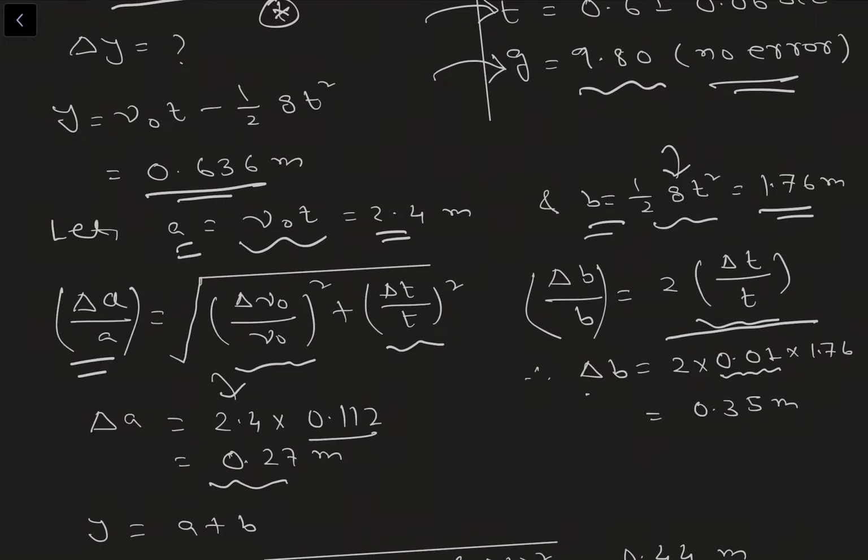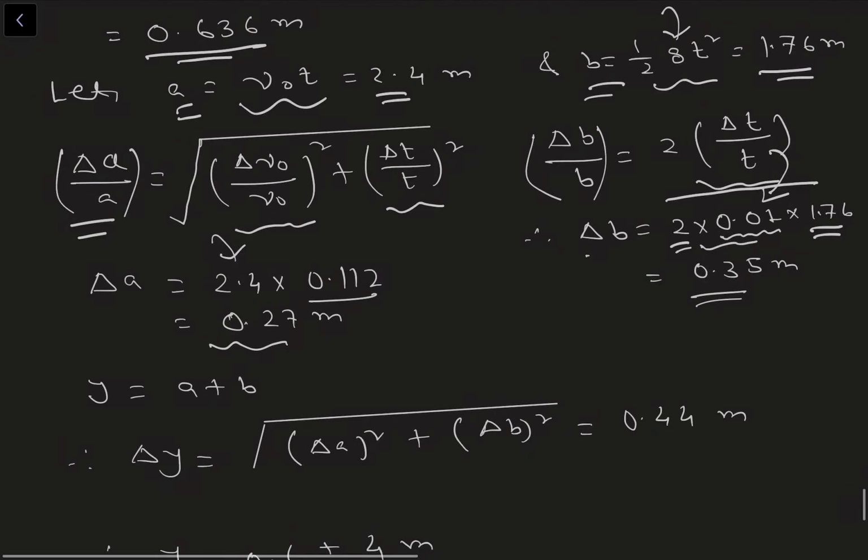Sorry, this is delta t by t is 0.01. We have to multiply it by 2 to get the relative error, delta B by B, and then we multiply it by 1.76 to get the absolute error of B.